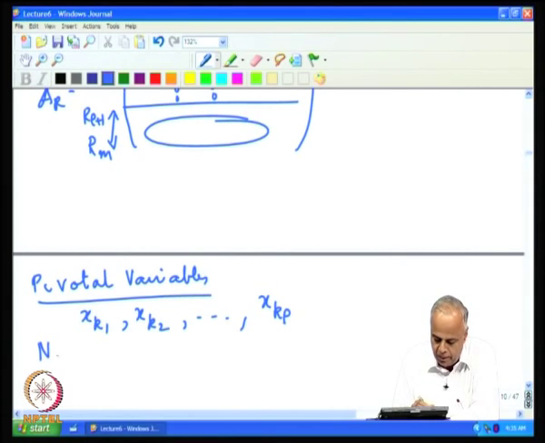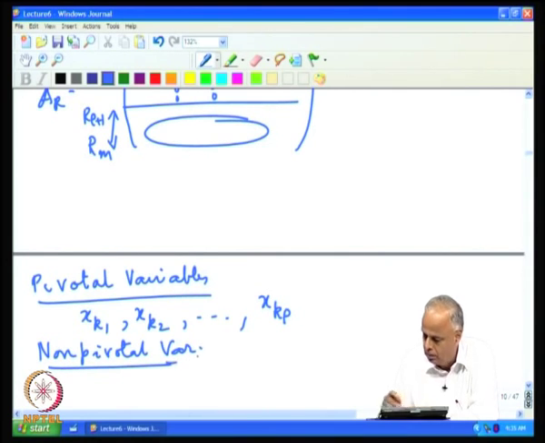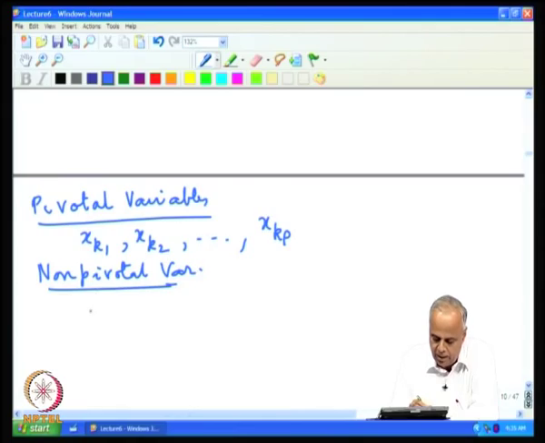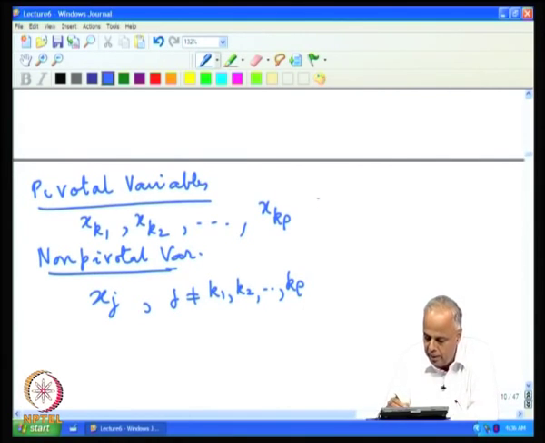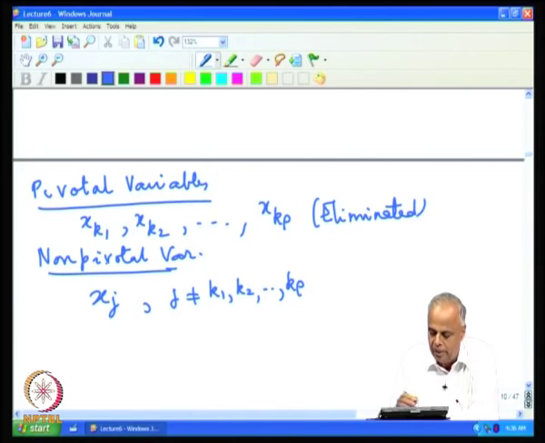The non-pivotal variables will be x j, j not equal to k1, k2, k rho. Okay. The pivotal variables are eliminated in terms of the non-pivotal variables, and these are chosen arbitrarily.